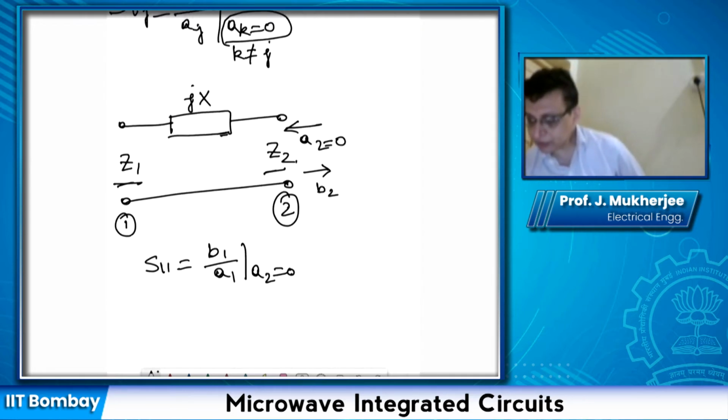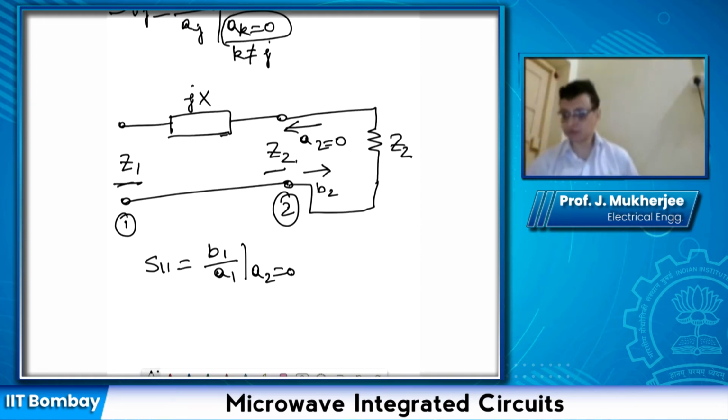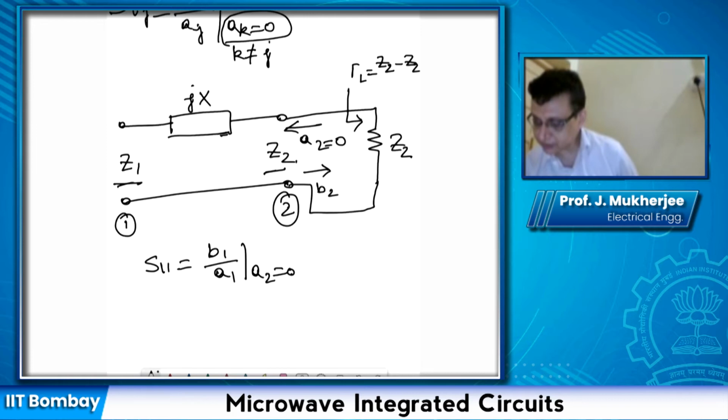Now coming back to the question, how do we make A2 equal to 0? Suppose we connect an impedance equal to the characteristic impedance at port 2. Then we know that the reflection coefficient gamma L is equal to ZL minus Z2 upon ZL plus Z2.